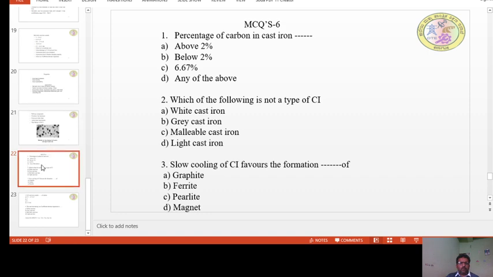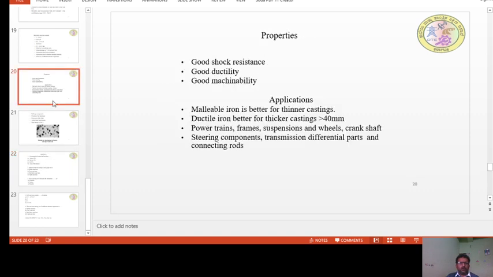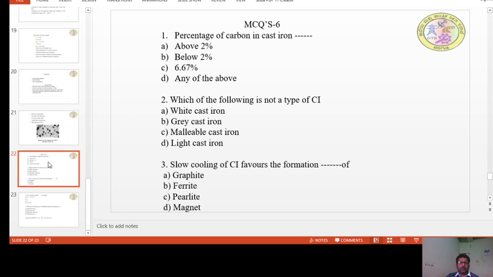And with this we'll move on to some MCQs. The first one is: percentage of carbon in cast iron: above 2%, below 2%, 0.67%, any of the above.